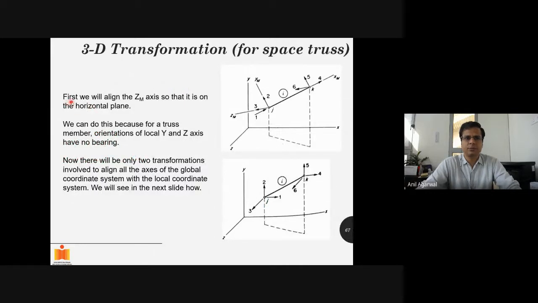Can you see my screen here? First, we will align the. You can read this line, right? What did we do here? Can somebody explain? Hello?